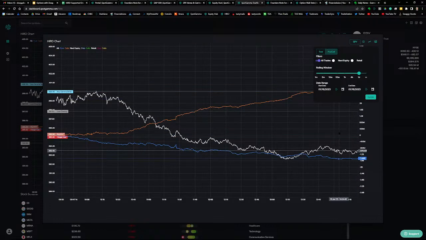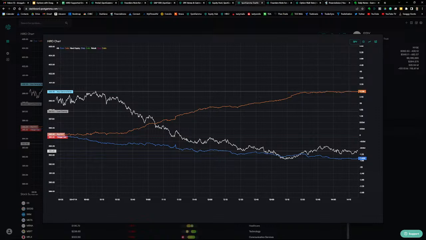So they're not exiting their puts. The blue line continues to slope down and they started buying calls. So this is what Hero is showing. So maybe if they sold calls, they're buying down. I don't know, this is a positive number, so net they're buying calls.